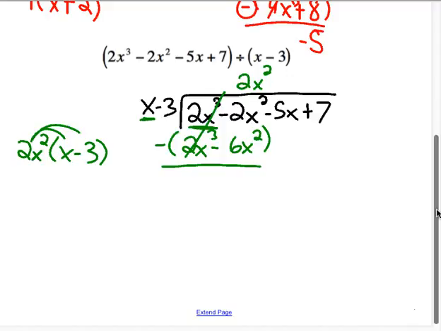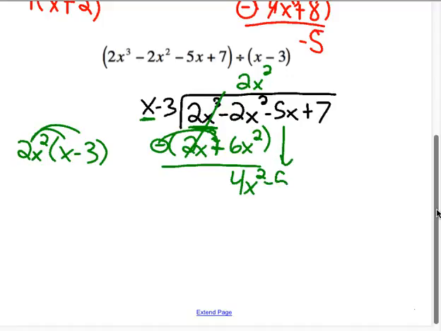We always should lose that first term. Negative 2x squared minus a negative 6x squared. That negative here is going to make that a plus, right? It influences that second sign. So negative 2x squared plus 6x squared will actually give us a 4x squared.